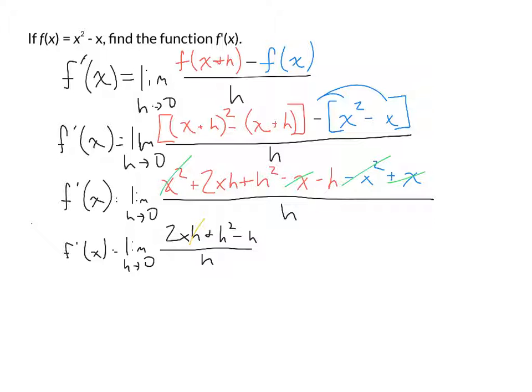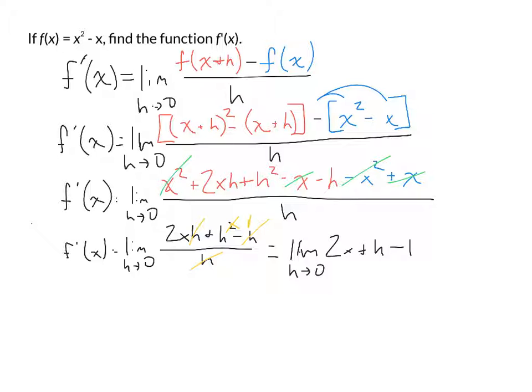We have an h in all of our terms. And so this minus h, when it cancels, becomes a 1. And so this is the same as the limit as h approaches 0 of 2x plus h minus 1.